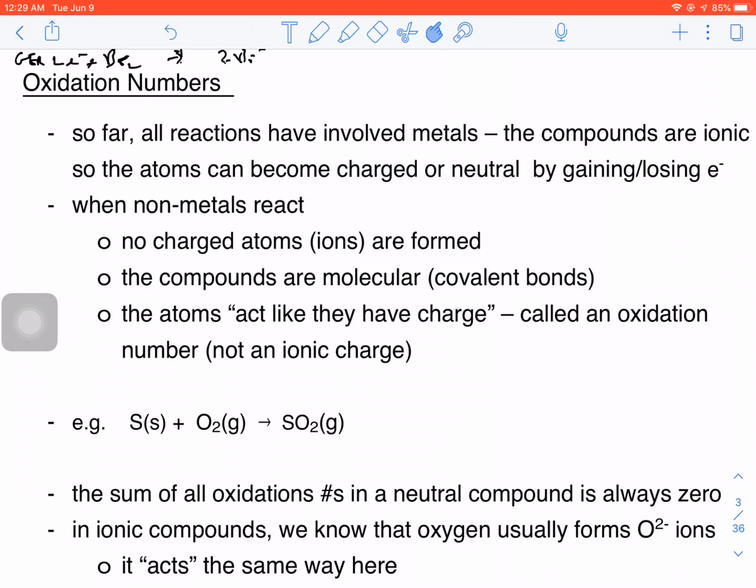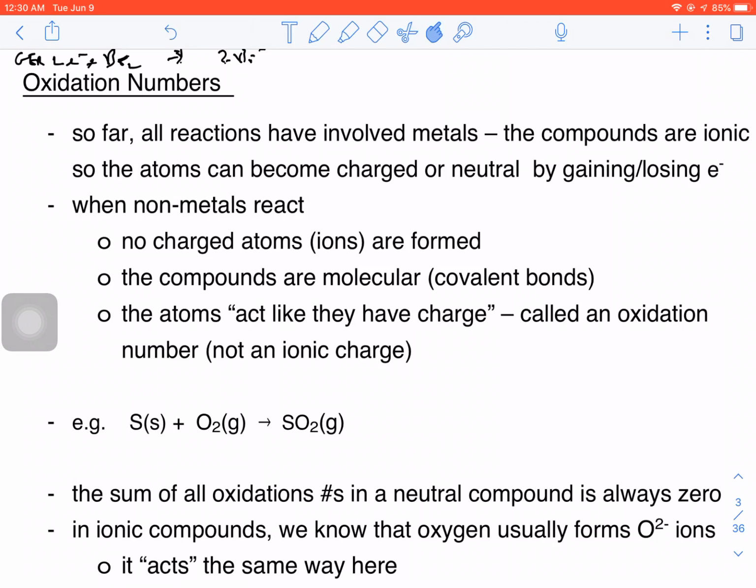And because of that, they take on a partial negative or a partial positive charge because they're pulling the electrons closer to themselves. They don't own the electrons. They don't become negative or positive. They just have the electrons closer to their end, which means they're a little more negative or a little more positive depending on which end of that bond they're at.